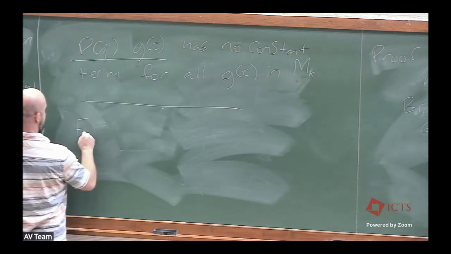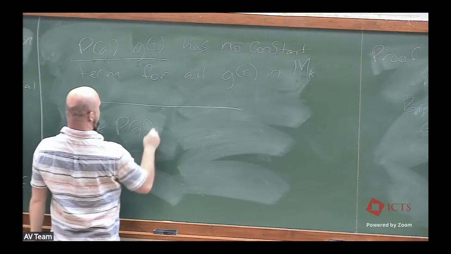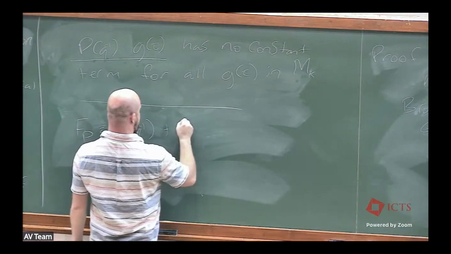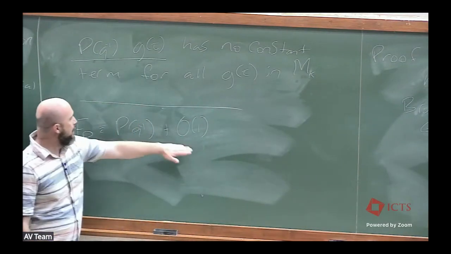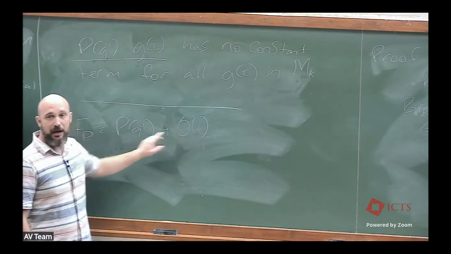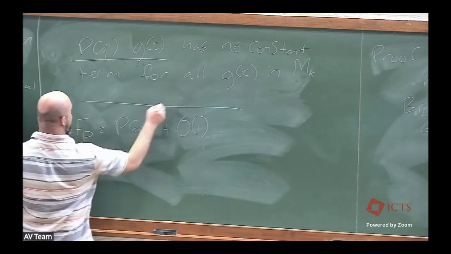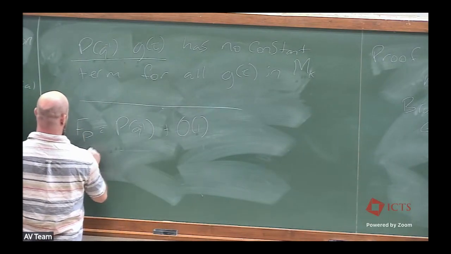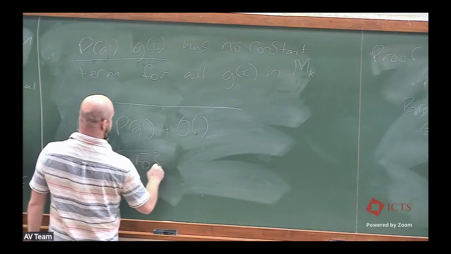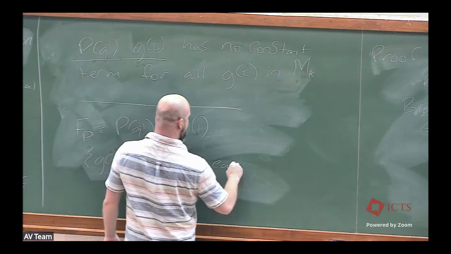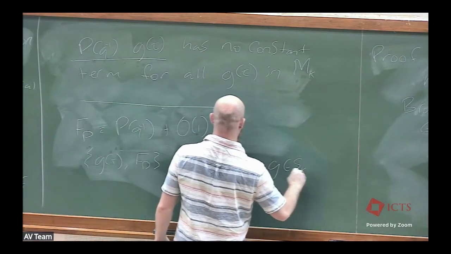So we would construct some kind of f sub P, which is equal to P of q inverse plus big O of 1. I can't necessarily pick my constant for my harmonic Maass form. Then from here, I do my inner product, or my pairing, G of tau against f sub P for each cusp form.